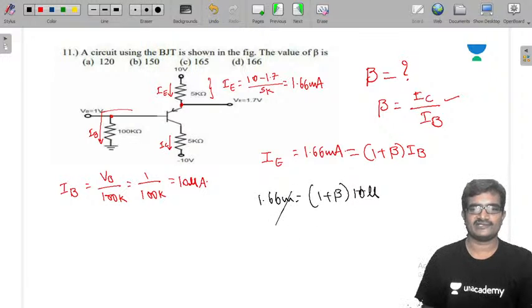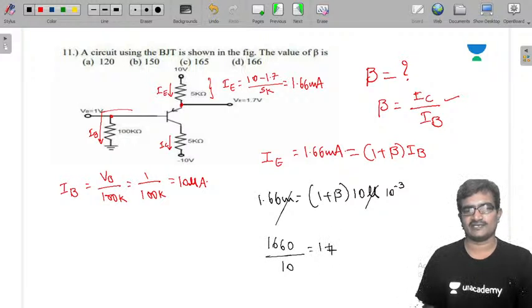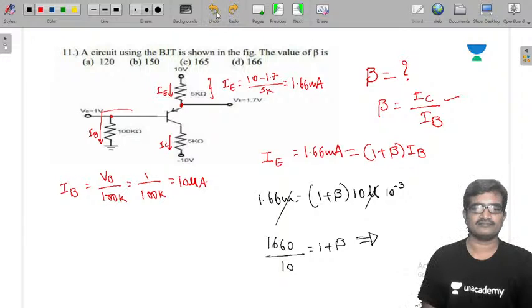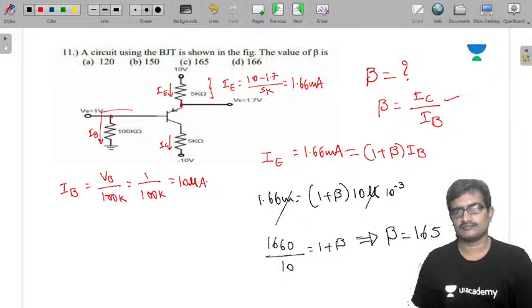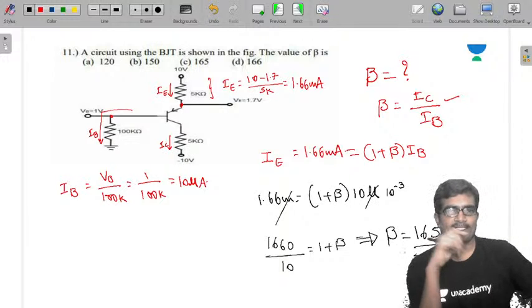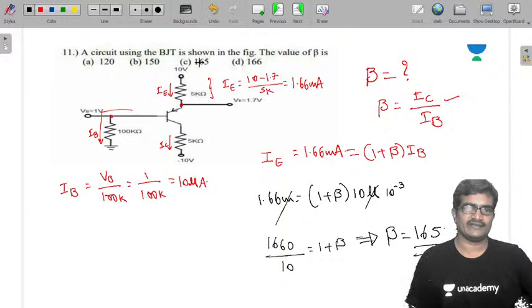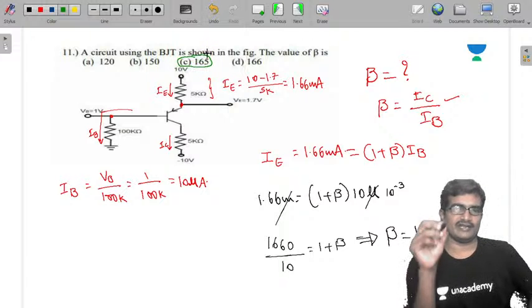Now this is milli, this is micro, so 1660 by 10 equals 1 plus beta. From this beta is 165. That's it. So beta is 165. Now this is the option. We are just calculating the beta value of it.